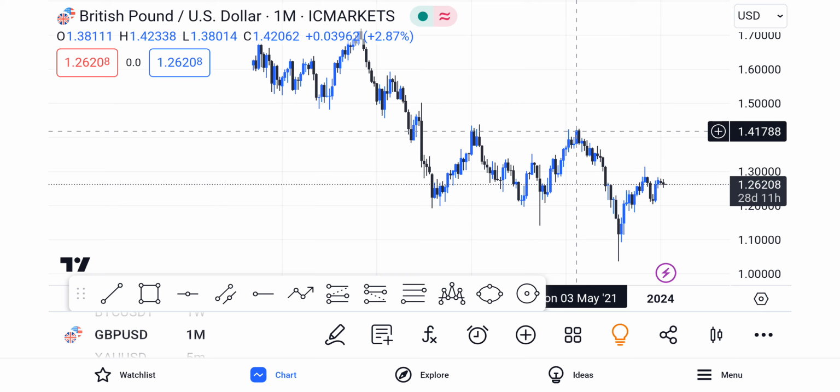So if we want to draw our trend lines on this chart, then we should be looking at the direction in which the market is going. All right, so let's say we want to draw a trend line on this time frame, then we would be looking to draw our trend line, which will be a resistant trend line.